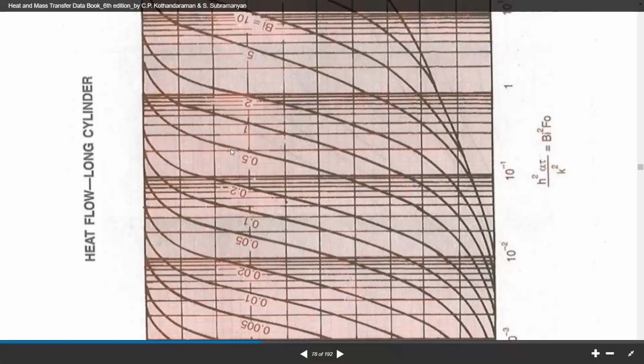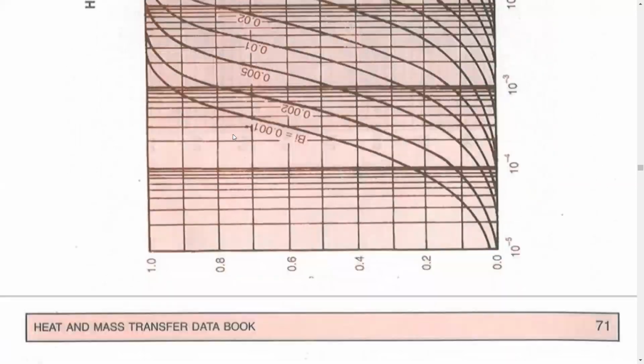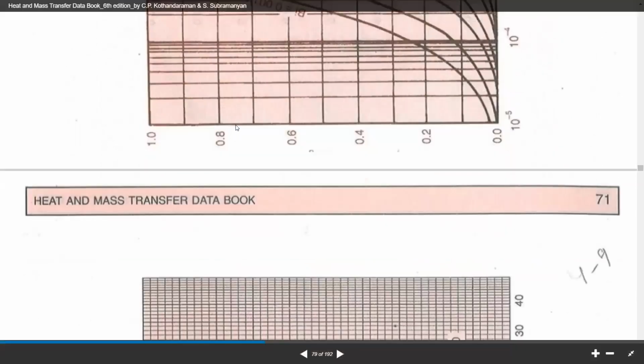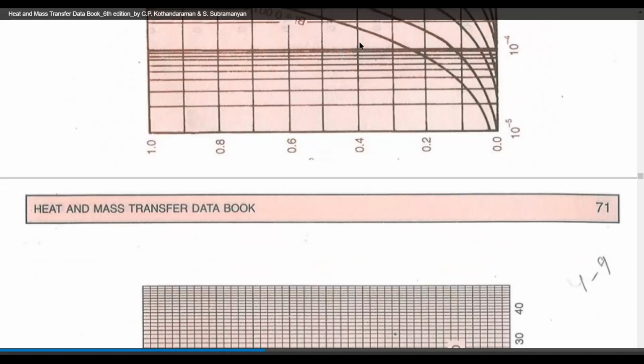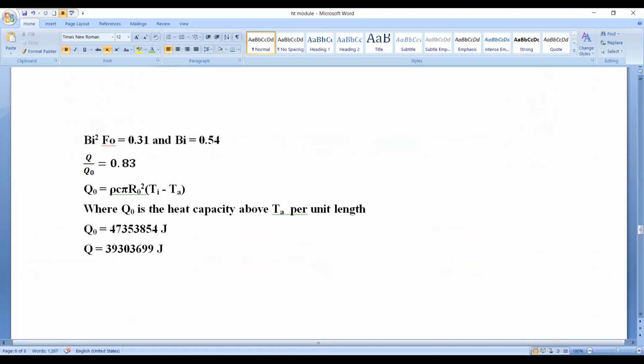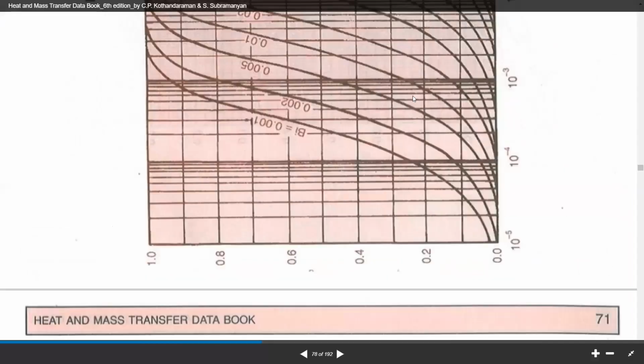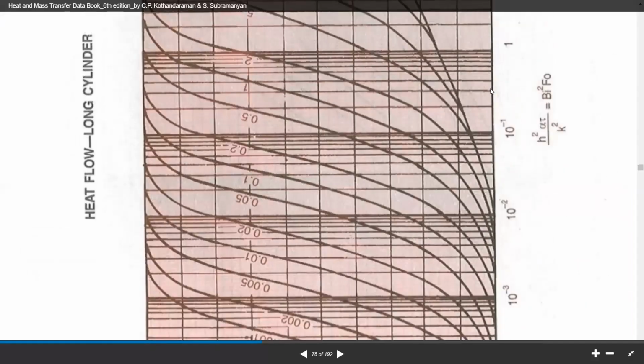Is that clear? I hope this is clear. Okay. So this is 0.5. This is 0.55. This line is 0.3. So take a horizontal line till it cuts the vertical axis. Okay, let me check it once again. So this is 0.1, 0.2, 0.3.